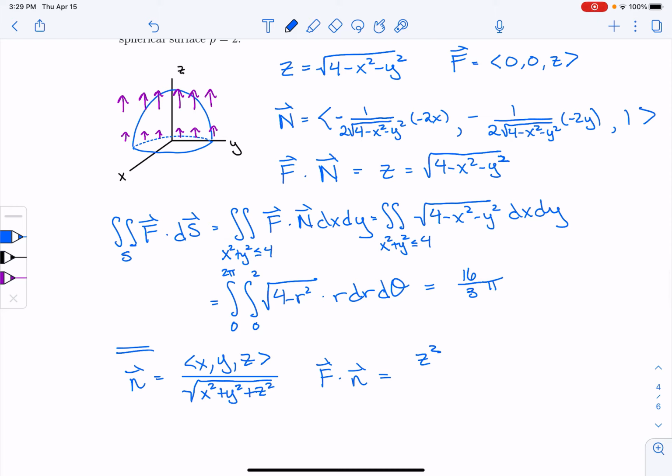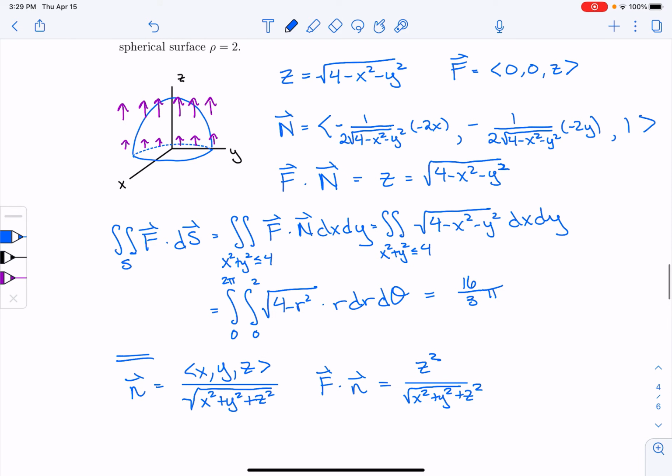I'll get z squared divided by the square root of x squared plus y squared plus z squared. But if I want to stay on the surface of the sphere, that sphere is where x squared plus y squared plus z squared is equal to 2 squared. So in fact, this is going to just be z squared over 2, on the sphere.